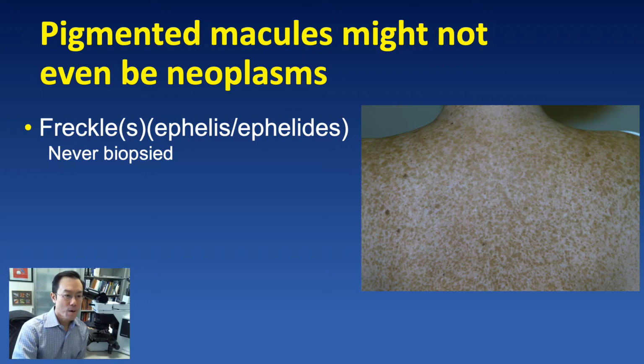But before getting too bogged down in the world of melanocytic neoplasm, let's take a step back and remind ourselves that many, if not most, pigmented lesions are not necessarily melanocytic neoplasms. They might not even be neoplasms at all. Take, for example, the freckle, perhaps the most commonly encountered pigmented lesion that is never biopsied, essentially.